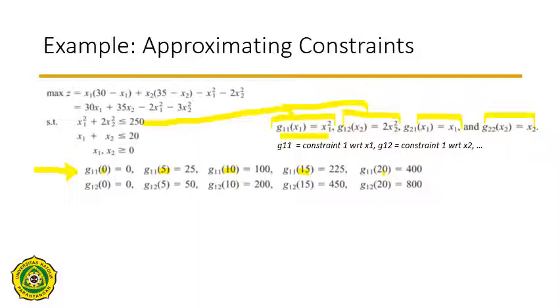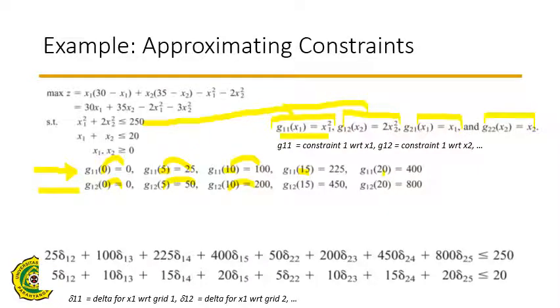So 0 squared is 0, 5 squared is 25, 10 squared is 100, and so on. And then this row is for the first constraint, but with respect to variable x2. So the equation is 2 times x2 squared. This is still 0. 2 times 5 squared is 50. 2 times 10 squared is 200, and so on.